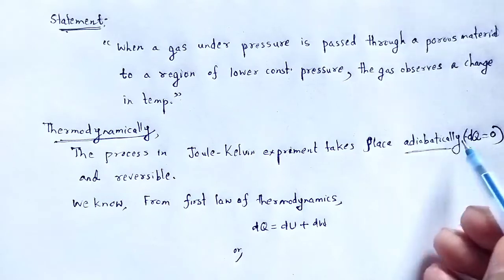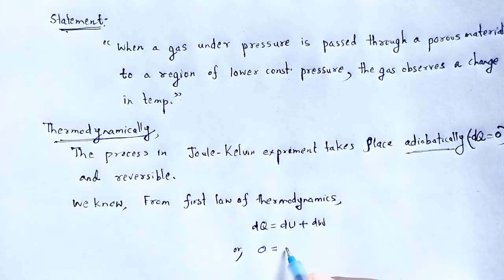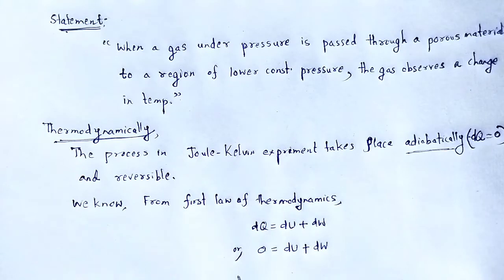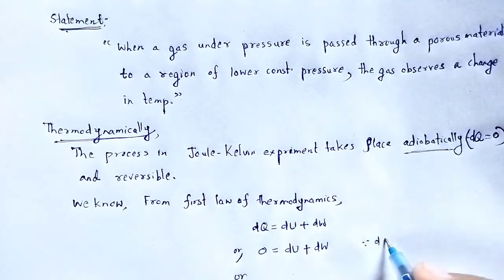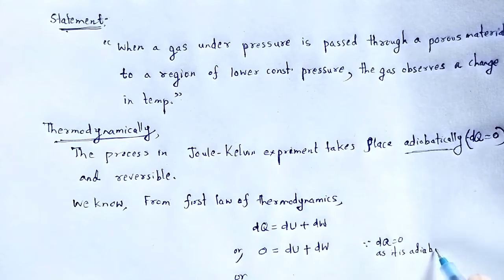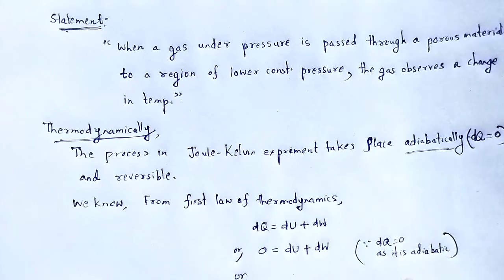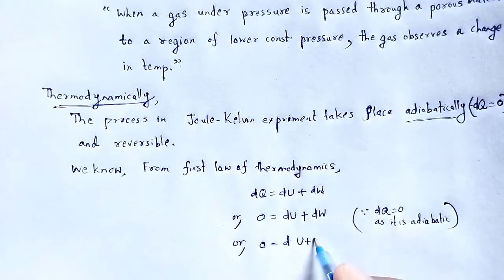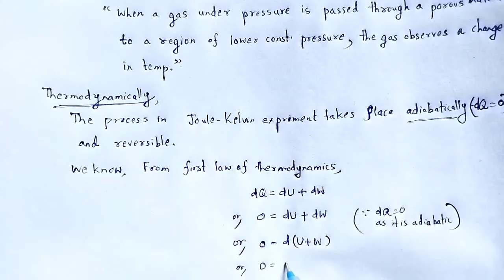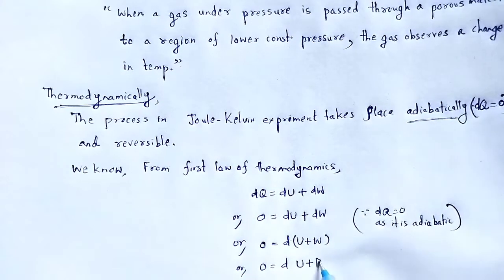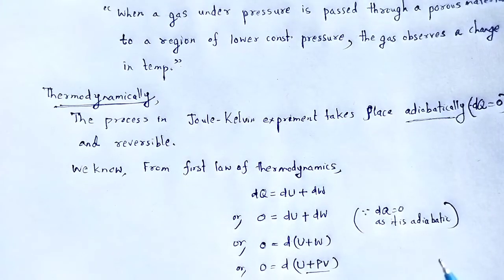Since the process is adiabatic, dq is equal to 0, so 0 is equal to du plus dw, that is d of U plus PV. That term, U plus PV, is known as the enthalpy.